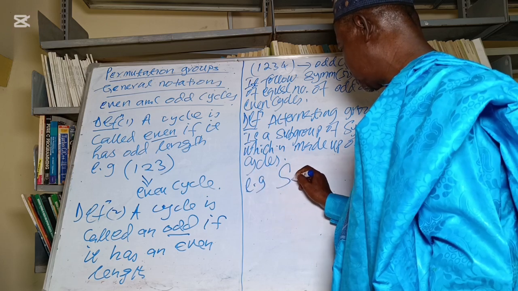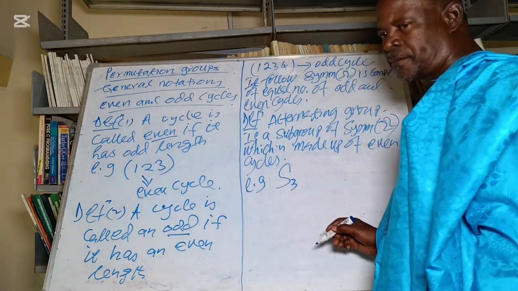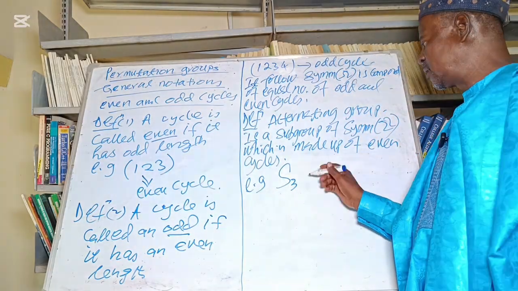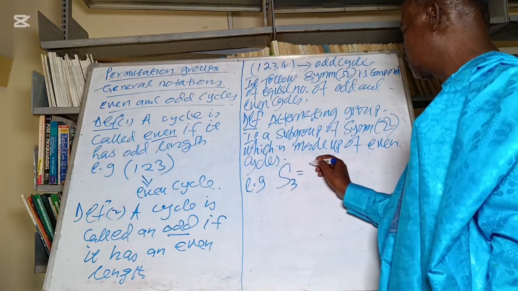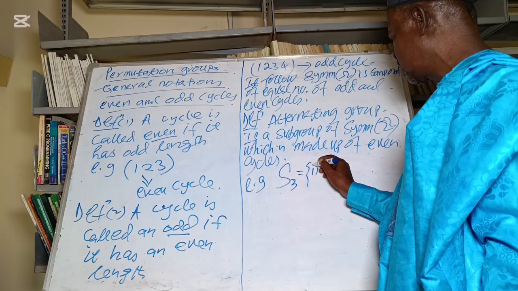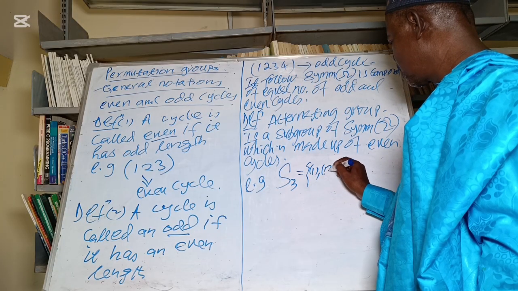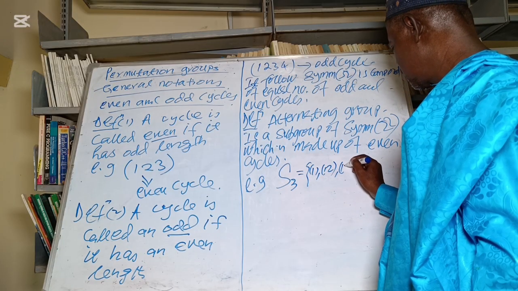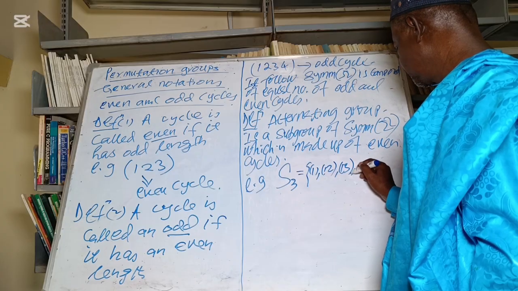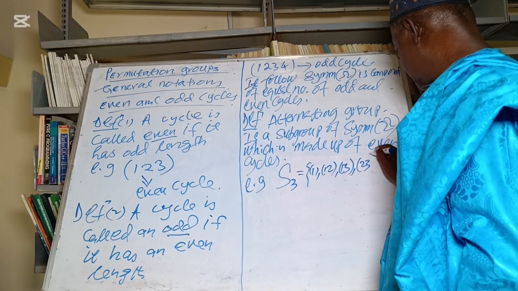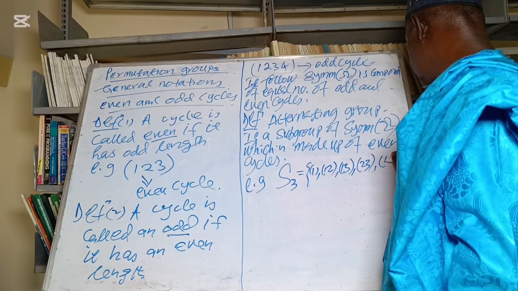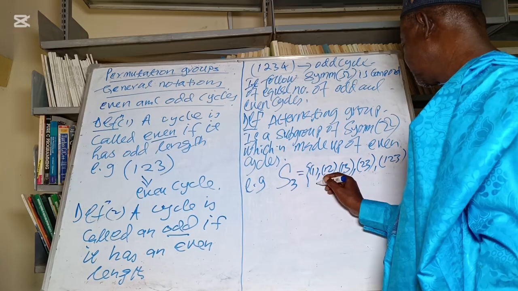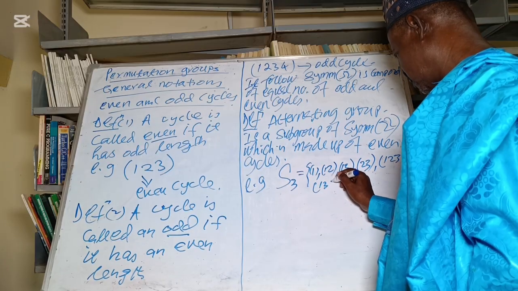I'll give you an example. Let me take S3, the symmetric group of degree 3. This is a group containing the identity element, (1, 2), (1, 3), (2, 3), (1, 2, 3), (1, 3, 2).